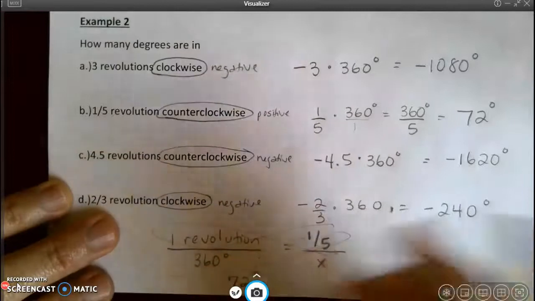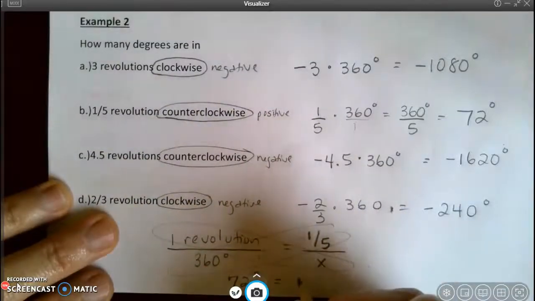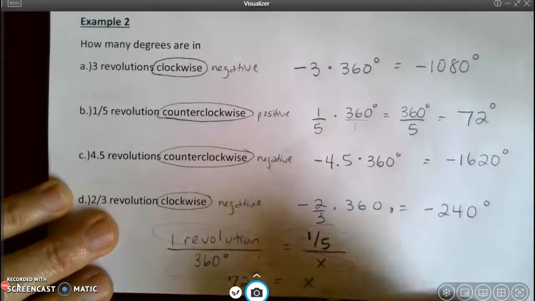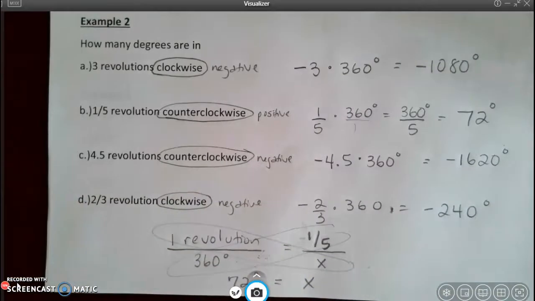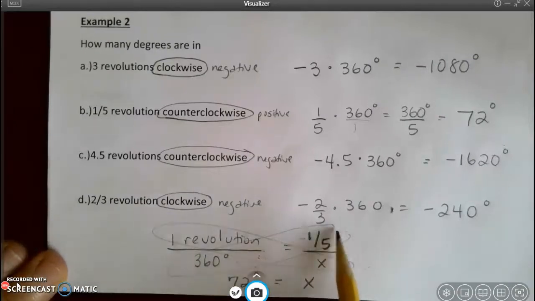I guess I don't need to put the degrees there yet. Equals 1 times x is just x, and I'm finished. There wasn't really a whole lot for me to do in that one, but I just wanted you to see how cross multiplying works.